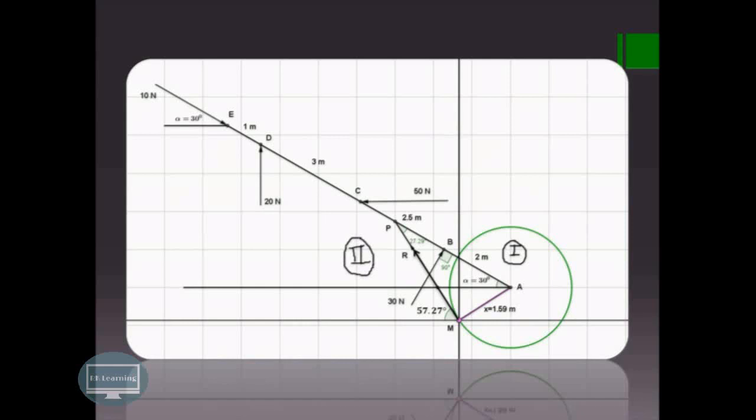So we have considered this as the y-axis and this as the x-axis. This is the first quadrant and this is the second quadrant. So R is acting at an angle of 57.27 degree in the second quadrant, and the perpendicular distance between R and A is 1.59 meter. In this way we can find the point of application of the resultant.